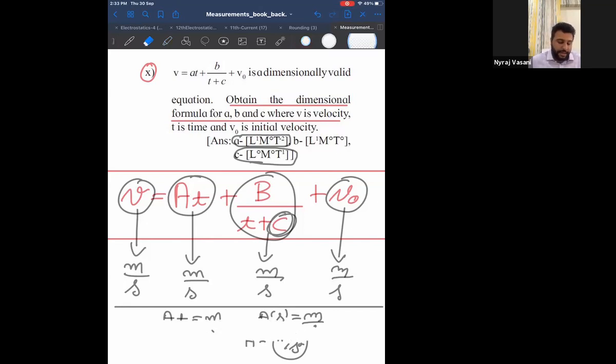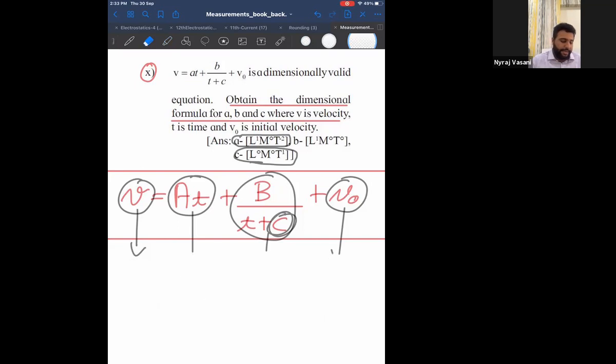Now I need to find the dimension of B. Now I can say that B divided by T plus C is also equal to meter per second. Now, what is C? C is also time. Therefore, can I say B divided by T plus T is meter per second?